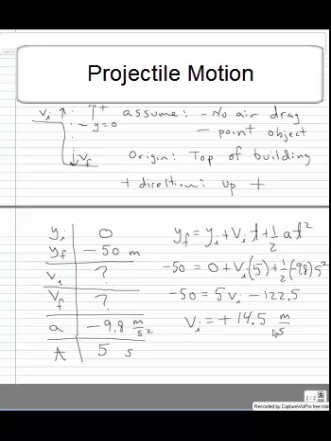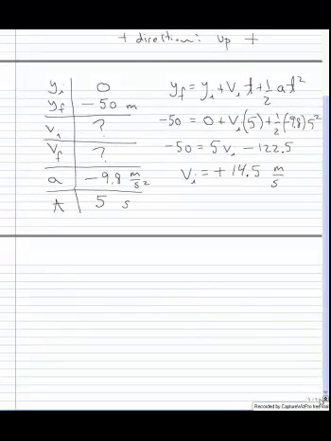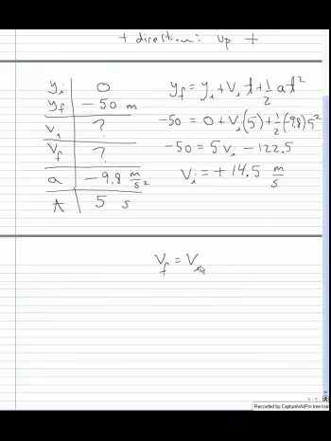Just for fun, why don't we go ahead and solve for V final? So I'm going to pick an equation I can use. How about this one? V final is V initial plus a t. My initial velocity is 14.5 positive.